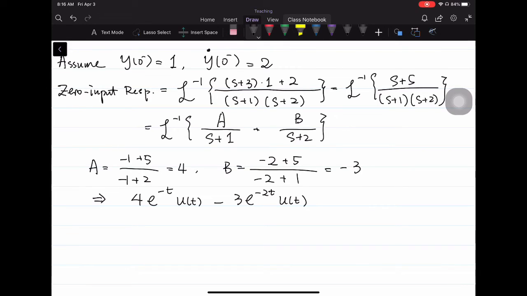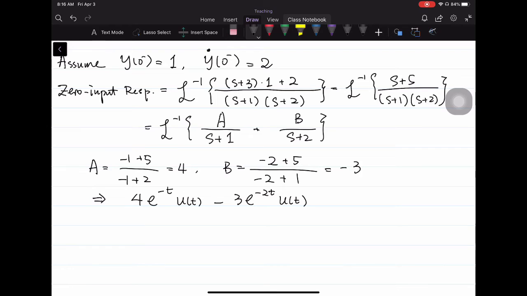You can choose the one that fits your capability, your preference the best. If you feel like you want to use the Laplace transform to solve the zero input response, that's completely fine with me. If you feel like you want to solve the zero input response using the chapter 2 method, to me, which is more straightforward, you can do that as well. Okay? So there's no forcing of use a particular method.